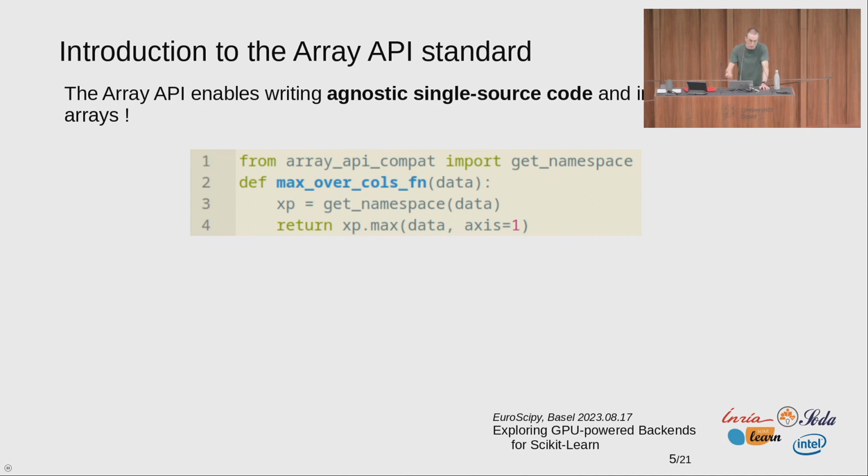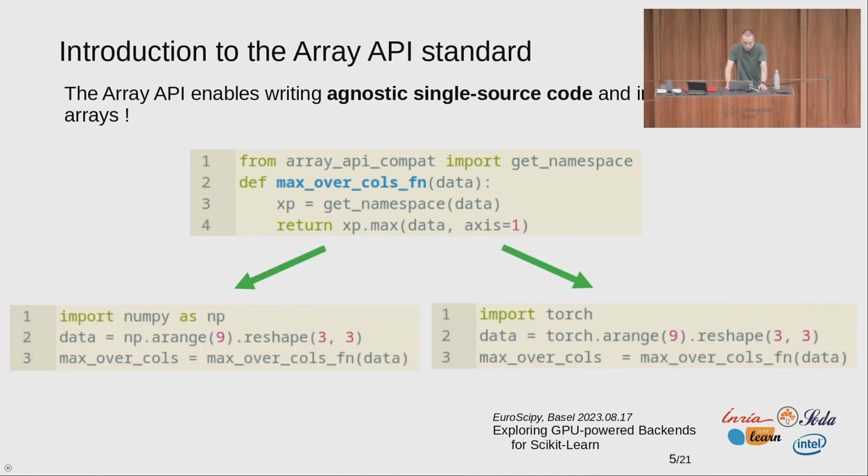Assuming that, it lets me have a namespace that exposes some functions that the array API standard tells me I can use, so I use that. This function, I'm going to be able to use either with NumPy arrays or with Torch arrays, so this solves the issue that we had beforehand.